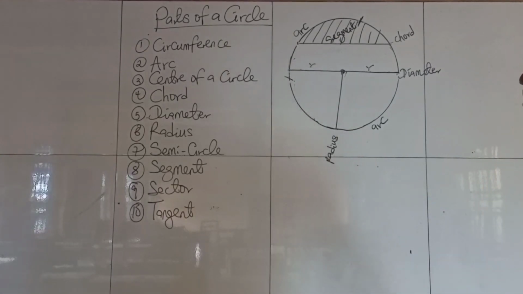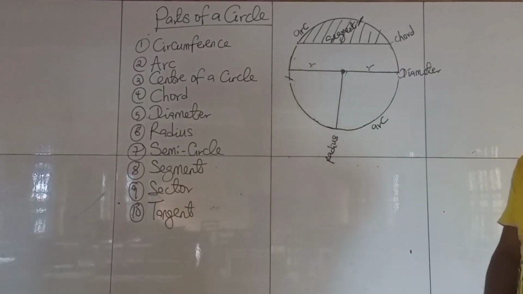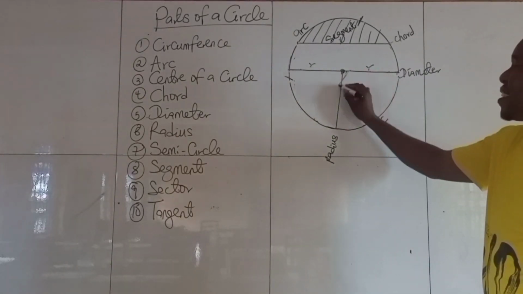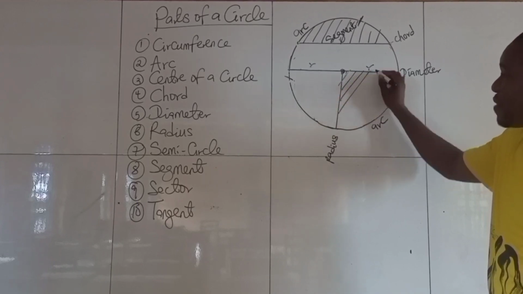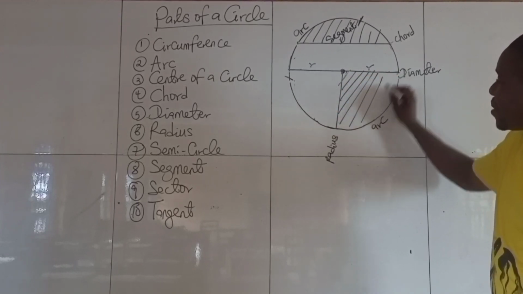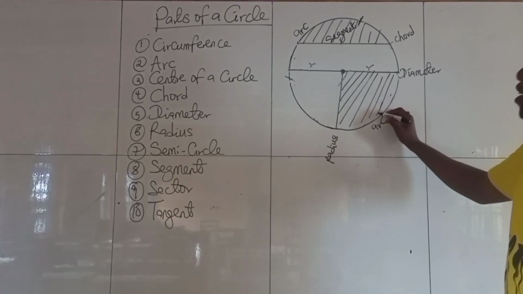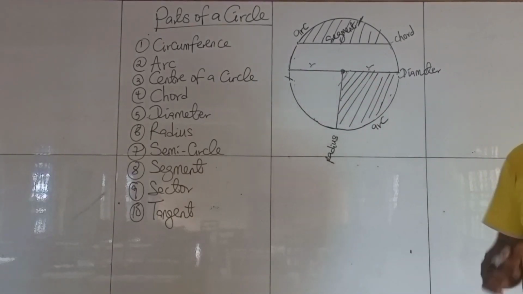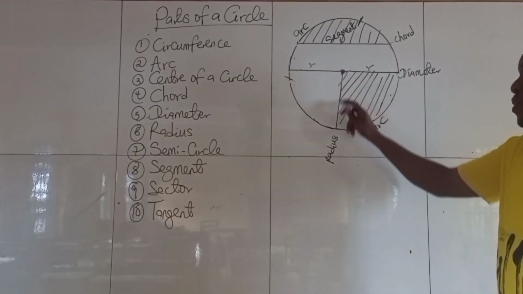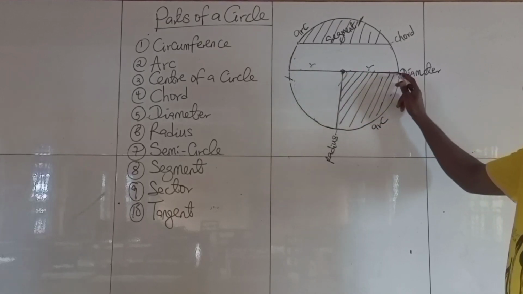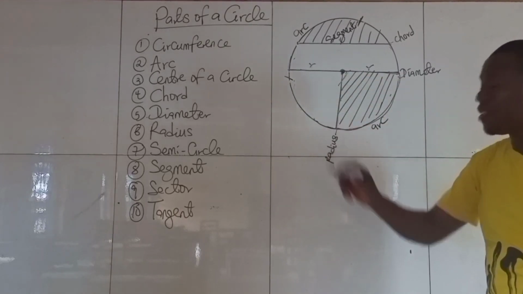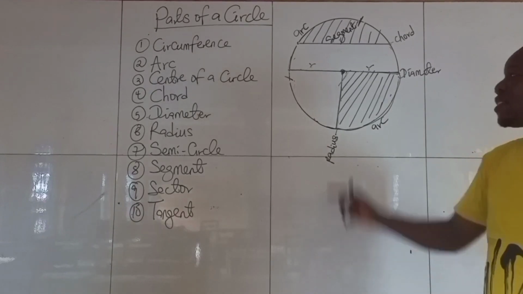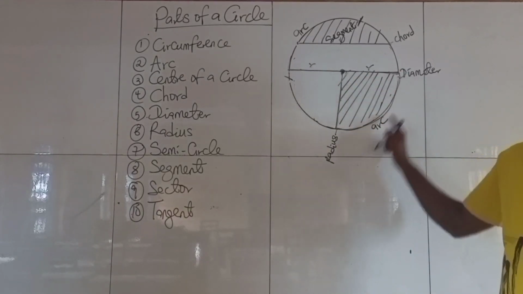The next one is the sector. Sector is this region. Of course, it mustn't have to be here. I will explain when we have a sector. If you look at this region very well, you notice the boundaries of the region. One radius, another radius, and an arc. So we define a sector as a region bounded by 2 radii and an arc.